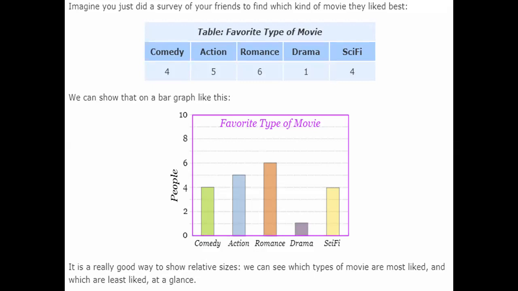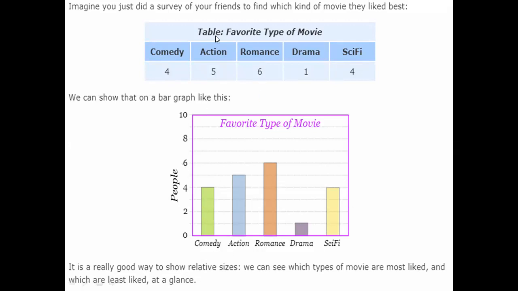So here we can show bar graphs like this, the number of people who liked each kind of movie in the survey. Here you can see, in comedy four people like it, action five people, romantic six people, like that.